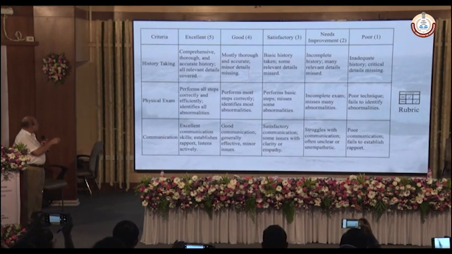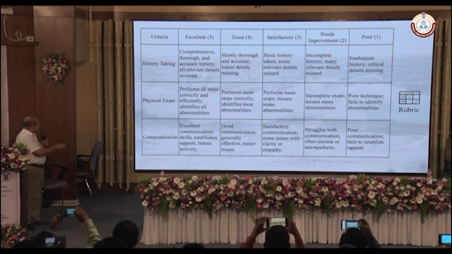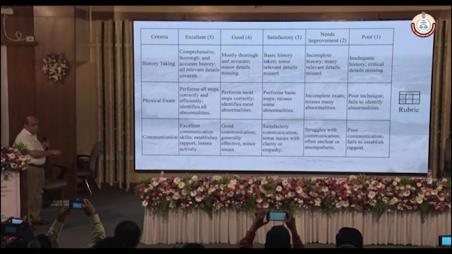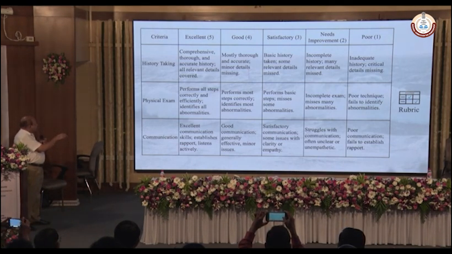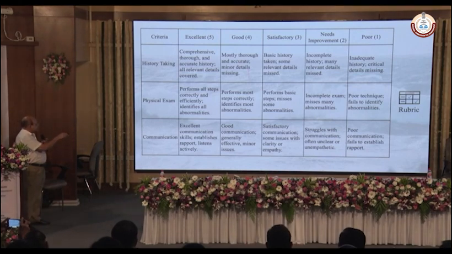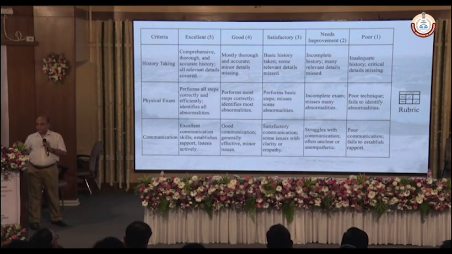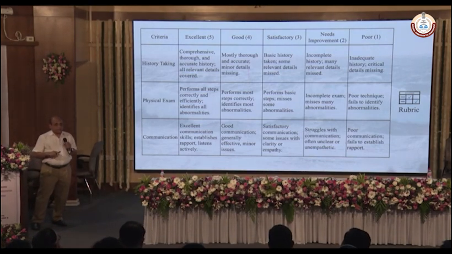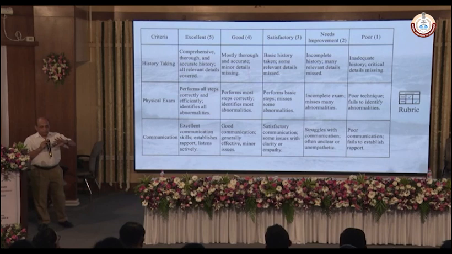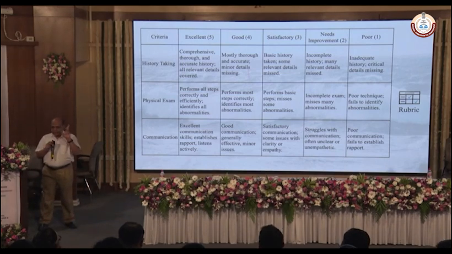So these are the criteria and these are the competencies. So for this competency, if you say the student has done excellent, this is what the excellent is. So there is a clarity to say this is excellent. There is no opinion.